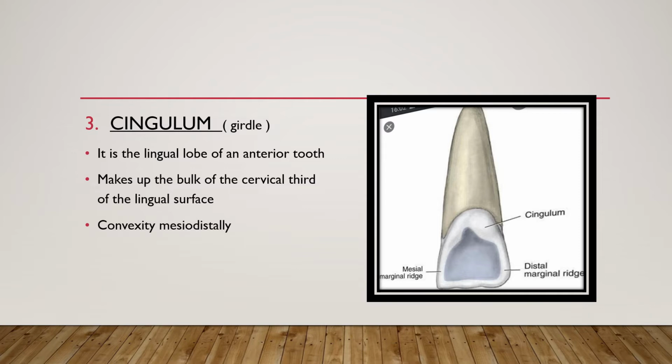It is present as a convexity mesiodistally, and this convexity resembles a girdle encircling the lingual surface on the cervical third, as you can see in the picture.